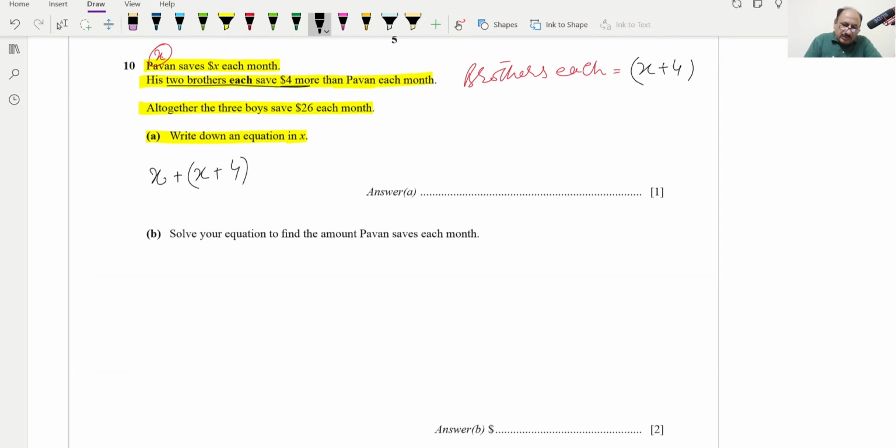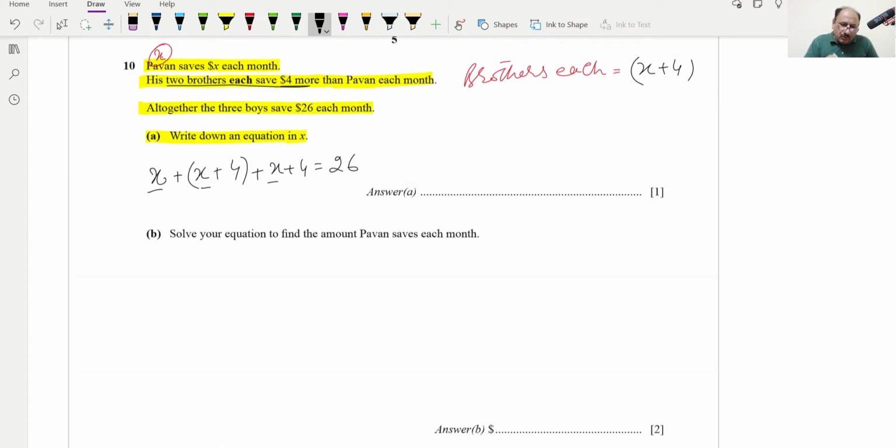So x plus (x plus 4) plus (x plus 4) is equal to 26. This will be the equation. Now we can simplify x plus x plus x, so this will be 3x plus 4 plus 4, 3x plus 8, you can say. Basically they are asking for the equation at this stage.